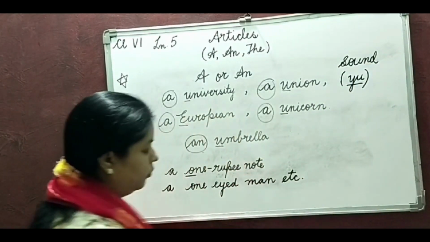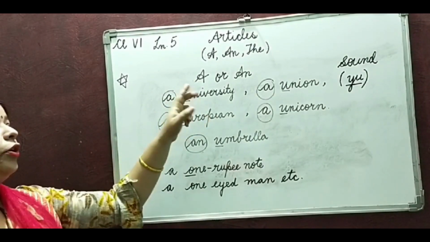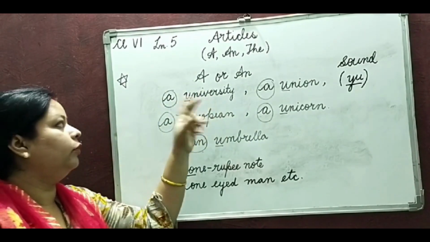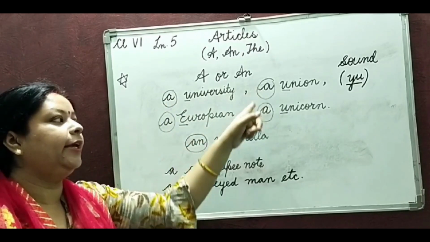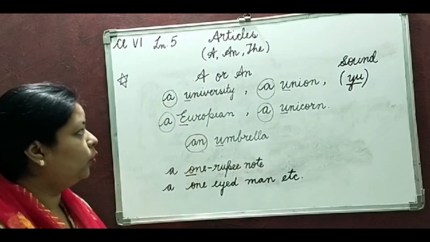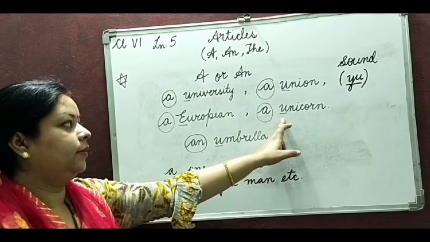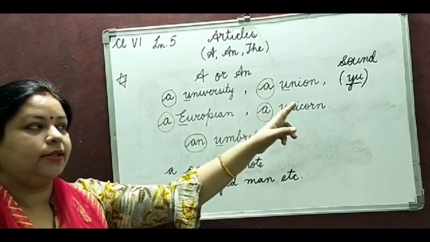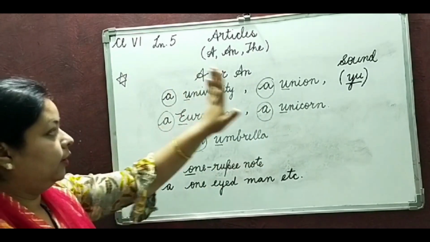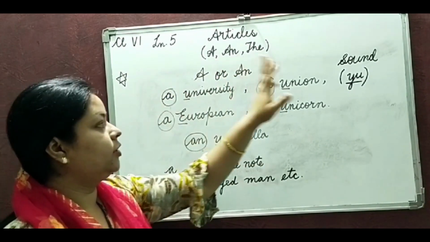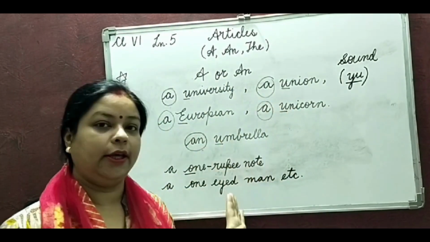So while writing or using these words, we always use the article A instead of an, though the words start with vowel letters. We will not use an; instead of that we will use a.